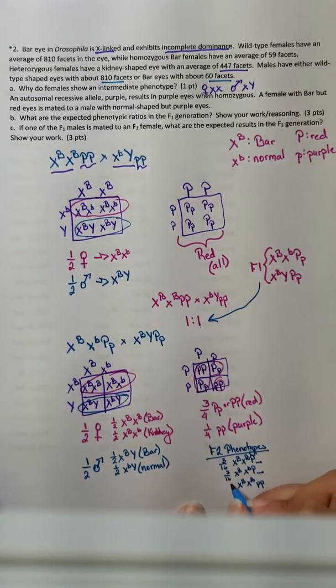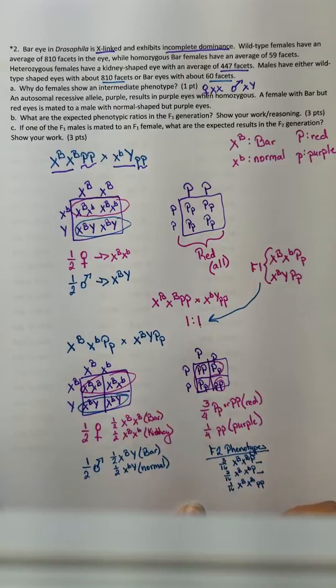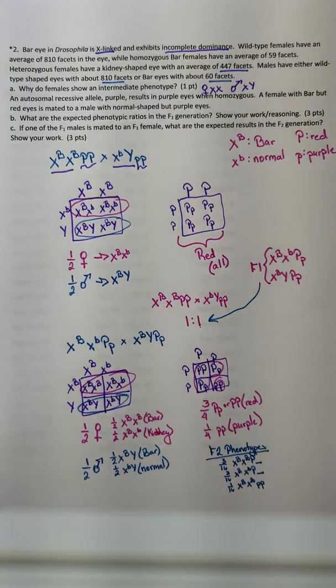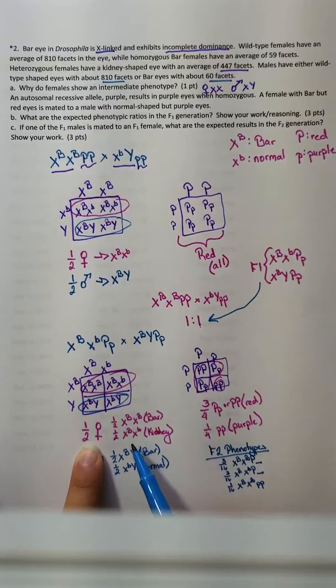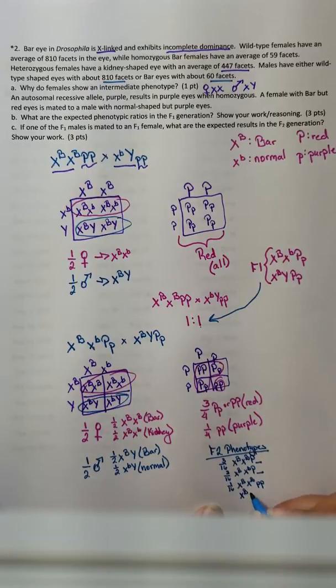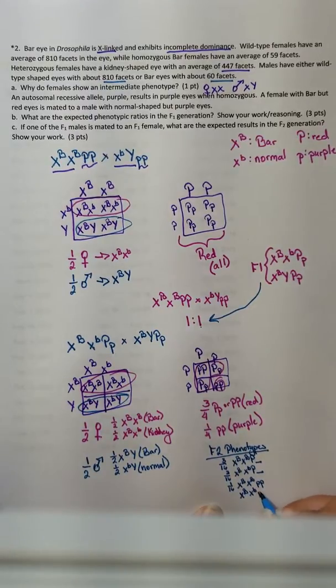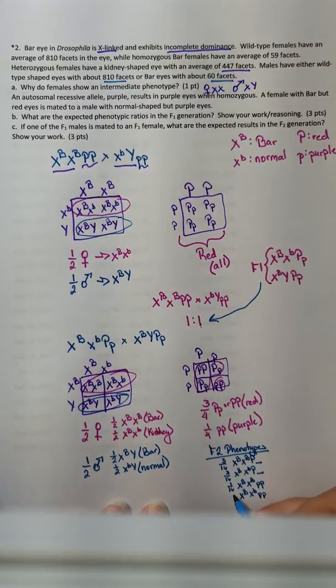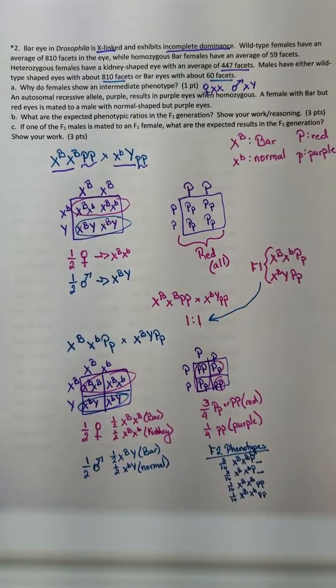Okay, so that'll give you 1/16. And then the last one for the females. A female with kidney and purple eyes. A half times 1/4. Another 1/16. Okay, so those are our female phenotypic ratios that we'll get from this cross.